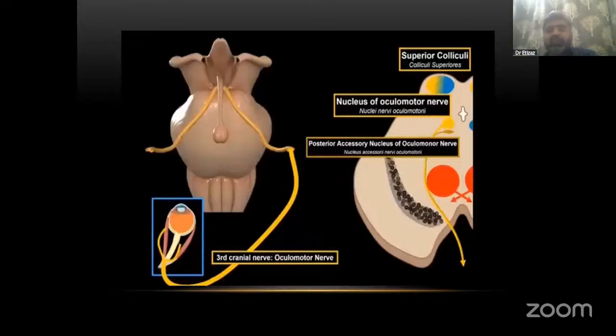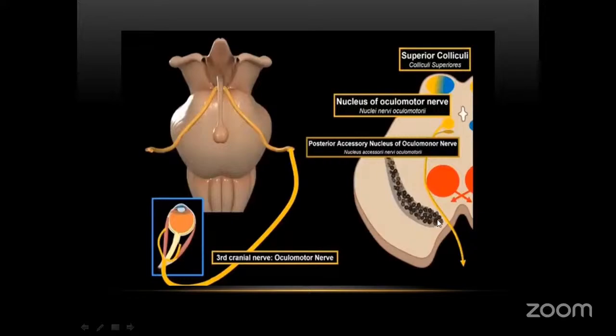Second one, when we go posteriorly, at the level of the superior colliculus and inferior colliculus, just anterior to this one we also have this area that is called the substantia nigra.